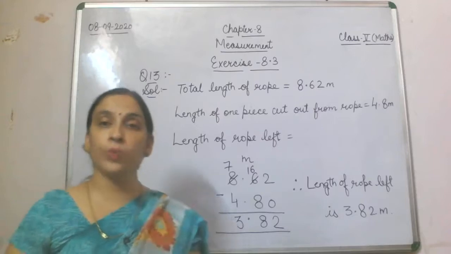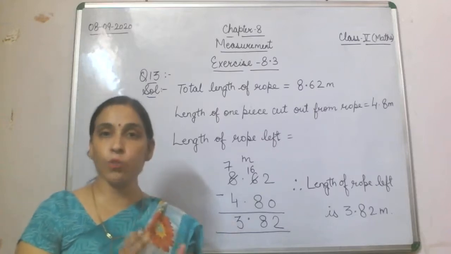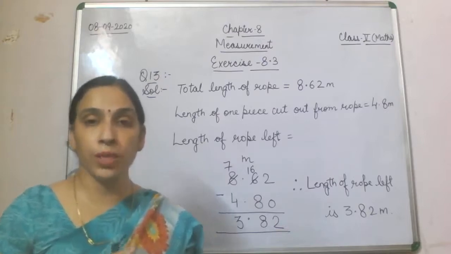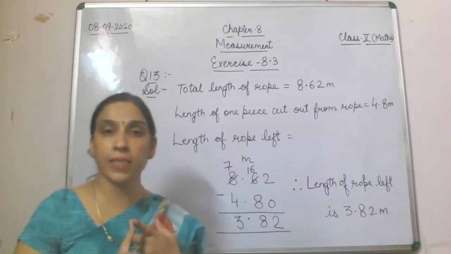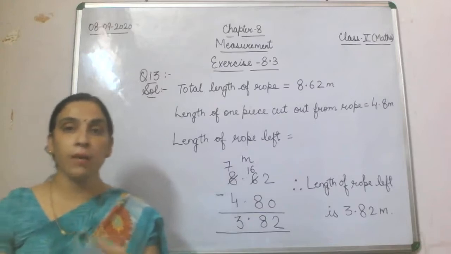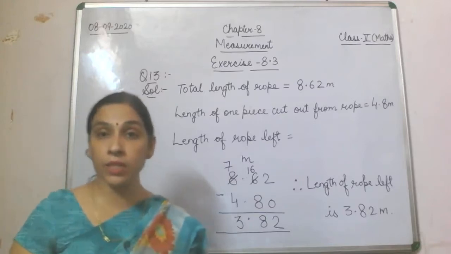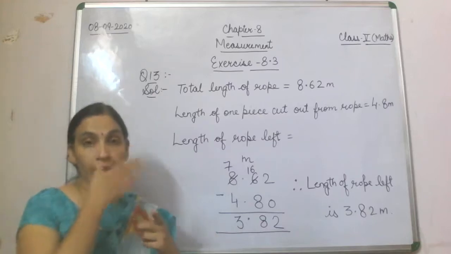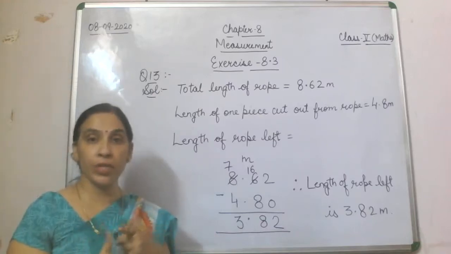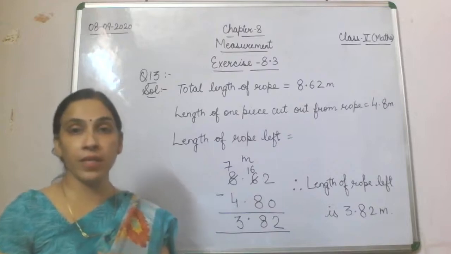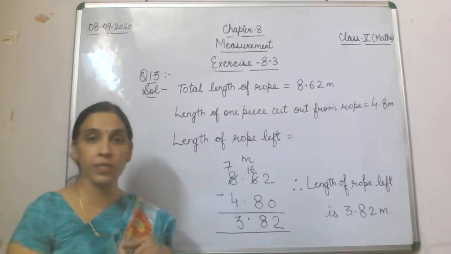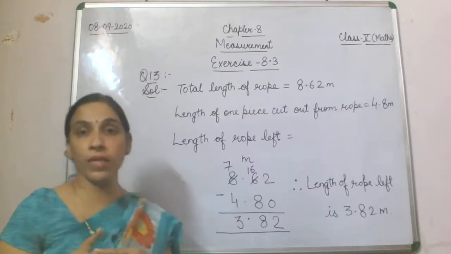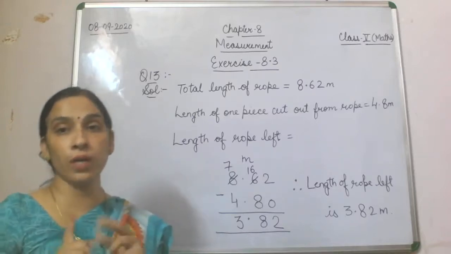Now this question number 14 we will see tomorrow. What we have done today is our second basic fundamental operation, that is subtraction. After subtraction, we have seen a word problem related to addition, because we did addition of length yesterday.